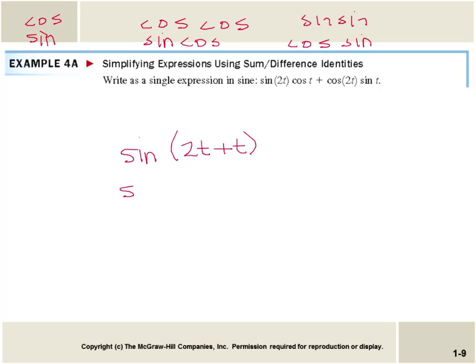So this is equal to the sine of 3t. Okay? Got it? Does everybody see it? All right. Very good.